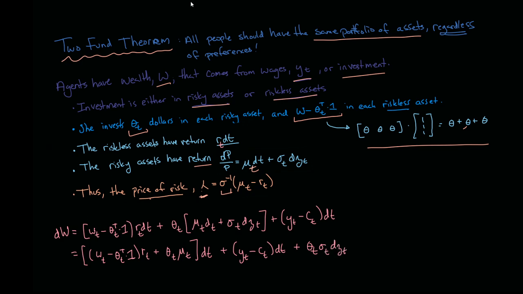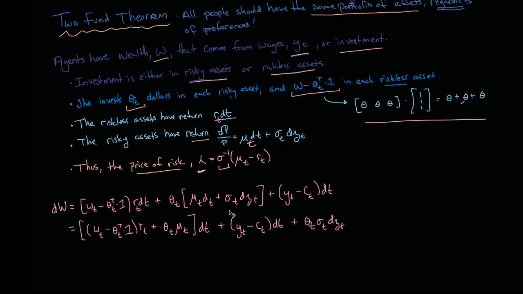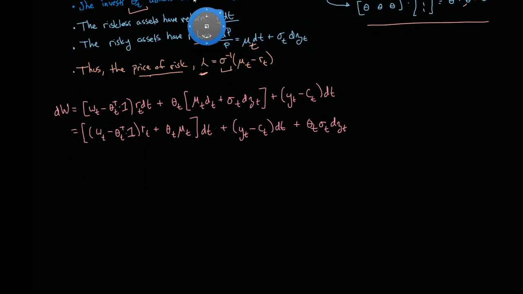What we actually want is this in terms of pi. So let's define a new variable, pi, to be the proportion of wealth that they allot to each risky asset. So it's a fraction of their wealth invested in each asset. And then 1 minus pi will simply be the amount invested in each riskless asset.